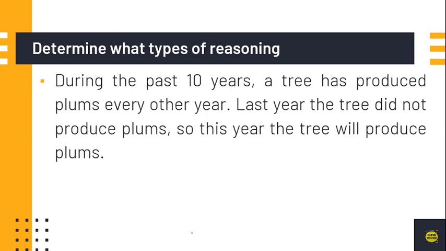During the past 10 years, a tree has produced plums every other year. Last year, the tree did not produce plums. So this year, the tree will produce plums. What type of reasoning, deductive or inductive?